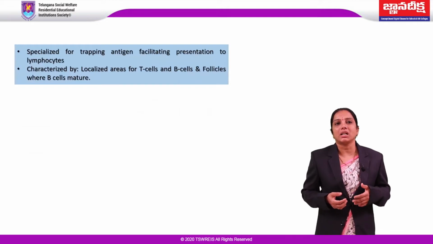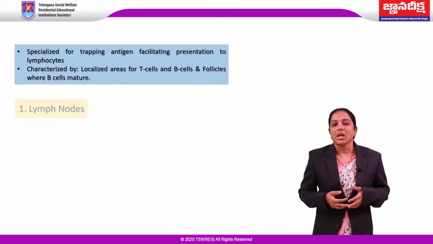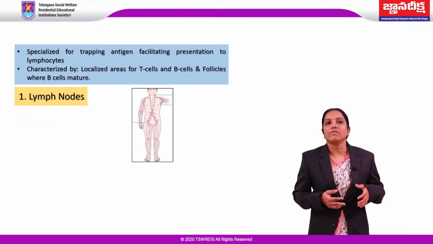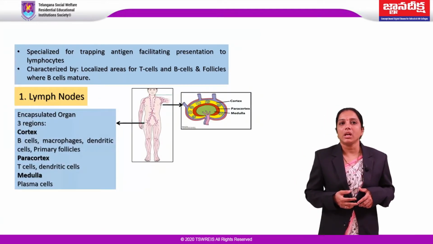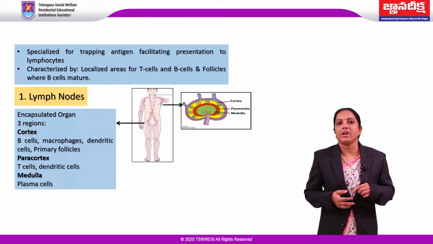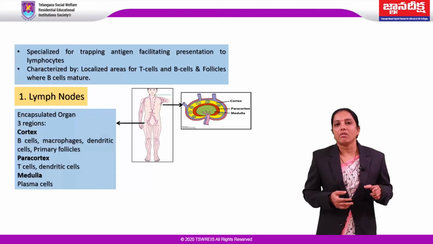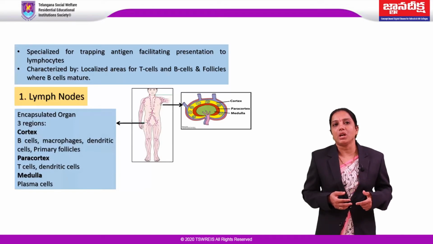Among these, let me start with the lymph nodes. Lymph nodes form part of the lymphatic system, are present in most parts of the body and are connected by small lymphatic vessels. A lymph node is an encapsulated organ covered by a capsule, with three regions: cortex, paracortex and medulla.